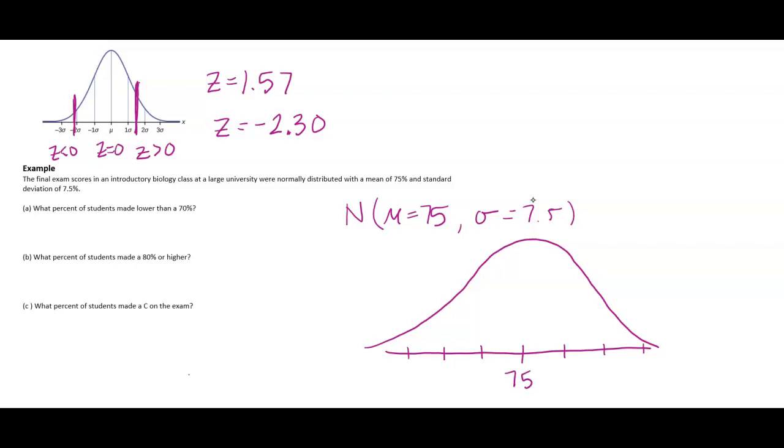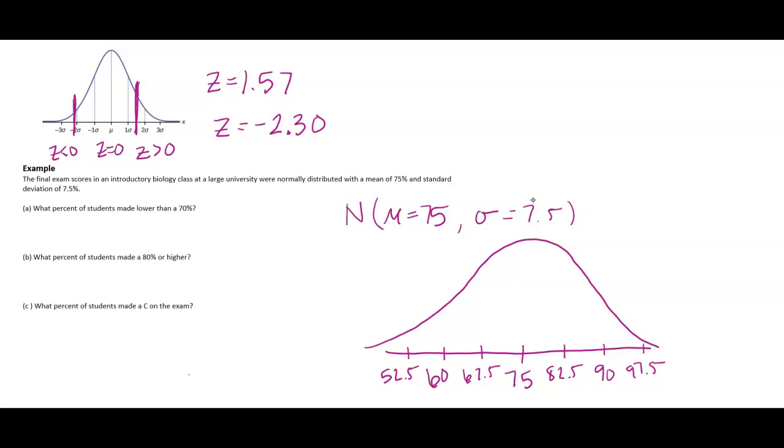Okay, nothing changes. 67.5 is still 1 standard deviation below 75, and then 52.5 would be 3 standard deviations below. 82.5, 90, and then 97.5. So this is what our full grade distribution would look like.